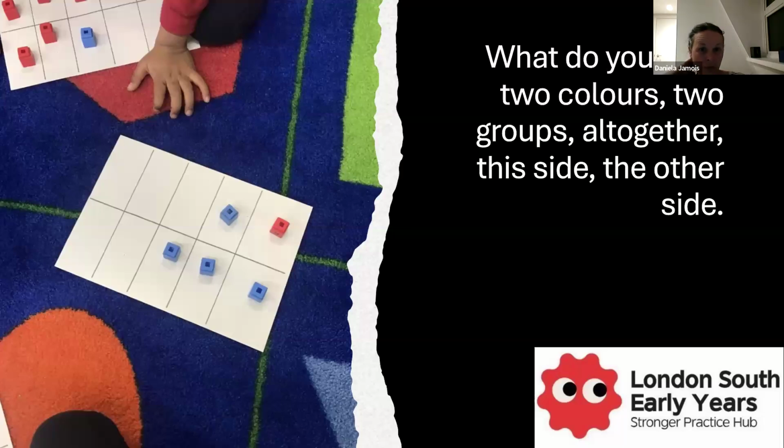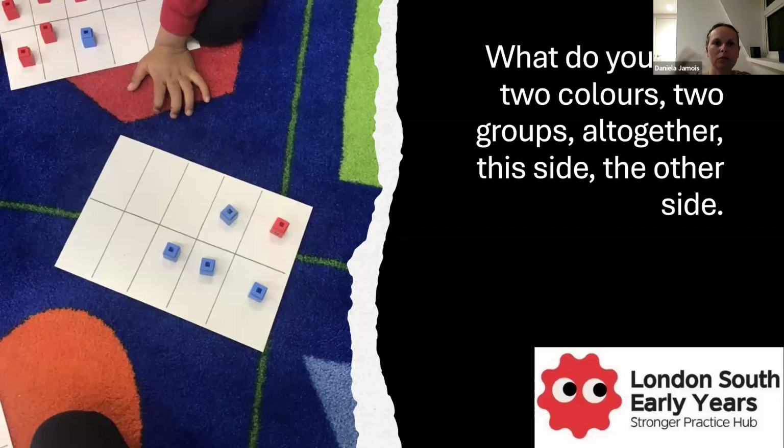Here you might be talking about what do you see, how many do you have altogether, but if you're wanting to talk about sameness and difference, you might say, what is the same here? And the children might notice that all of the cubes are of the same size. And they might notice that some are blue and some are red, and that is different.